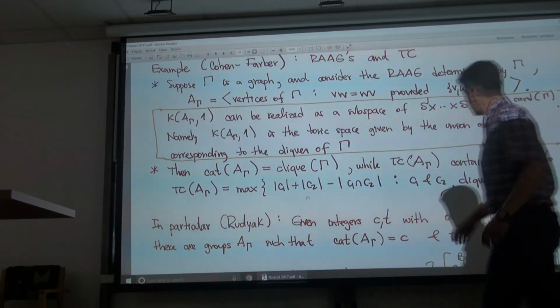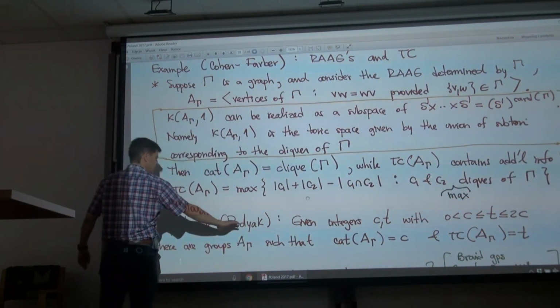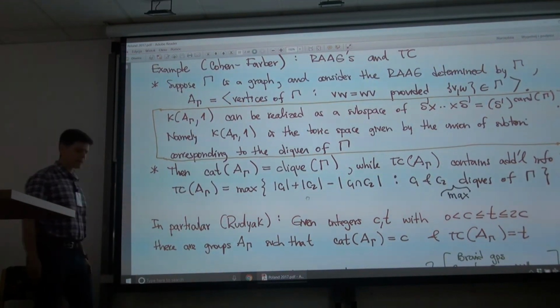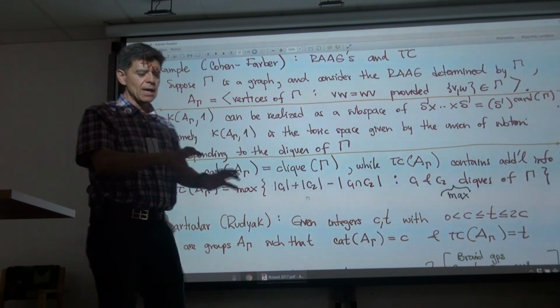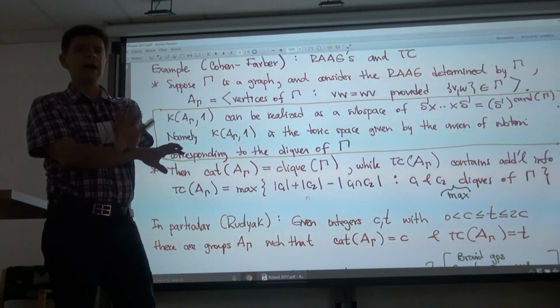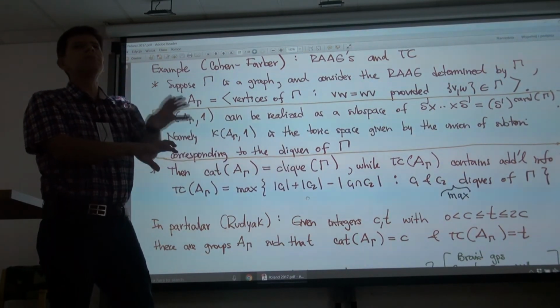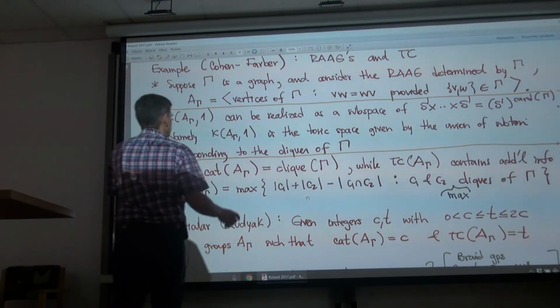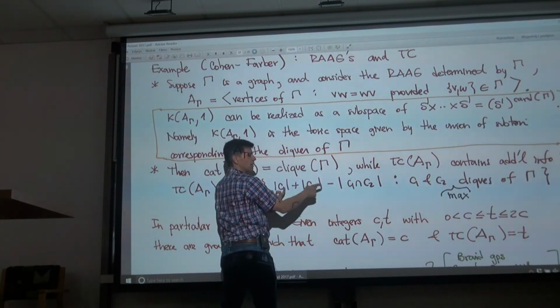In particular, these groups are nice examples, as observed by Yuli Rudyak, that will recall that the topological complexity is bounded from below by category and from above by the category of the Cartesian product, and any situation in between can happen, essentially depending on whether maximal cliques overlap or not.